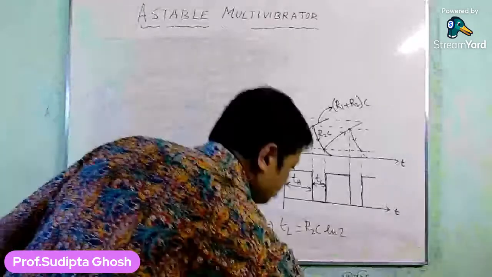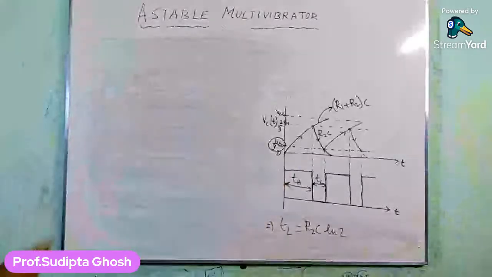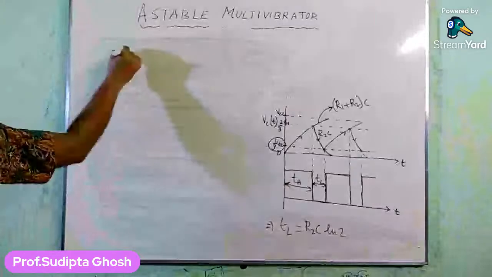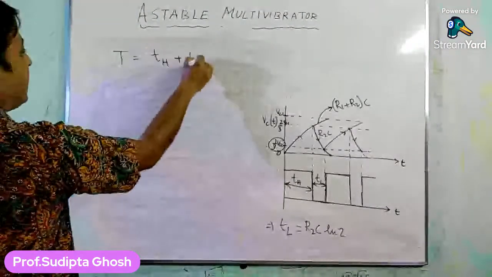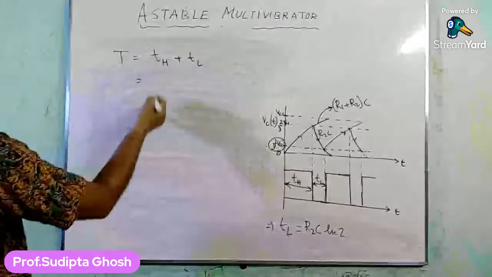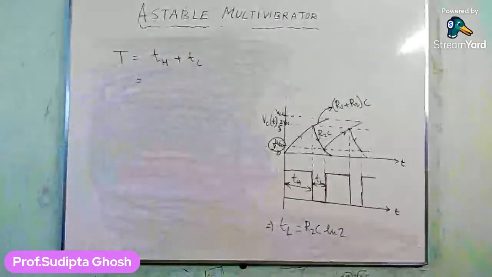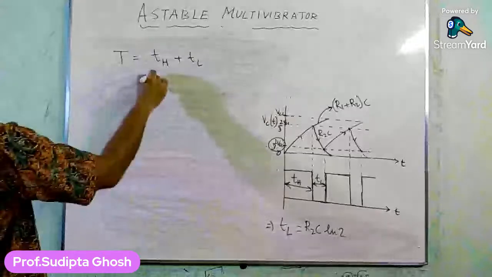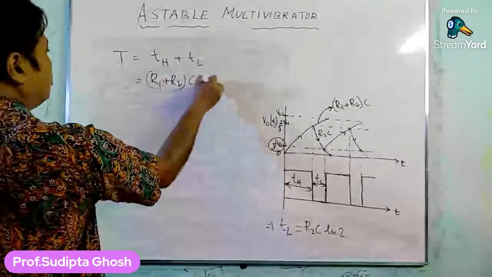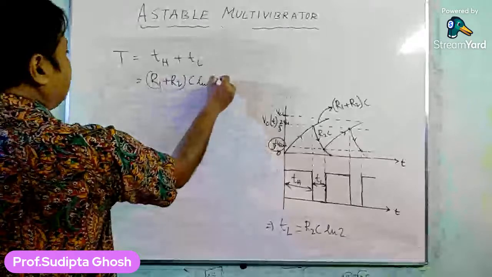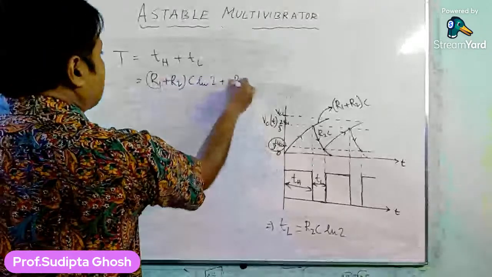To calculate the frequency of oscillation, we first calculate the time period, which is TH plus TL. TH is (R1 plus R2) C ln 2 and TL is R2C ln 2.